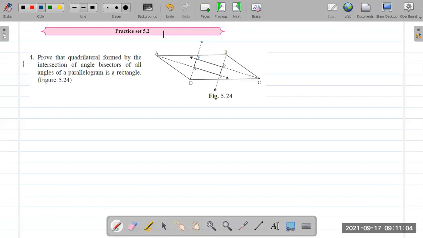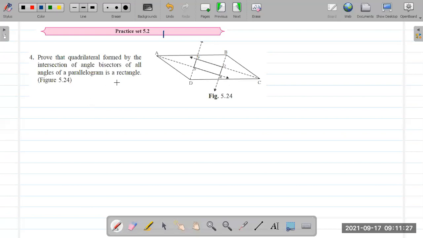We move on to question number 4. Prove that the quadrilateral formed by the intersection of angle bisectors of angles of a parallelogram is a rectangle. Now, in the exam, it may happen that you're not given this diagram. So just by reading these words, you should be able to draw a diagram like this.